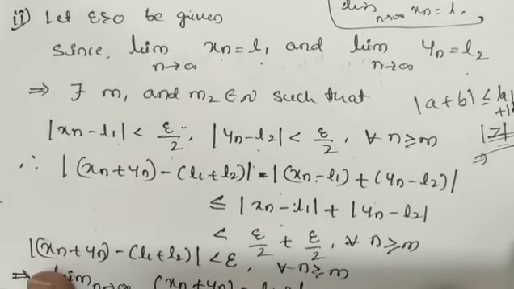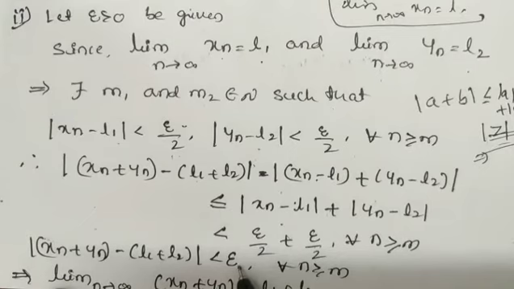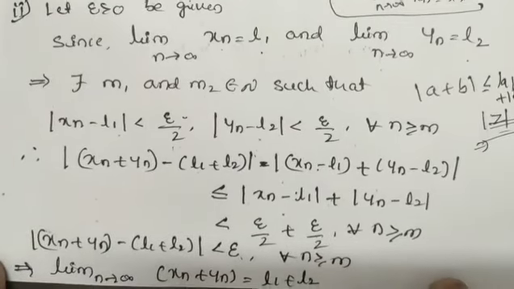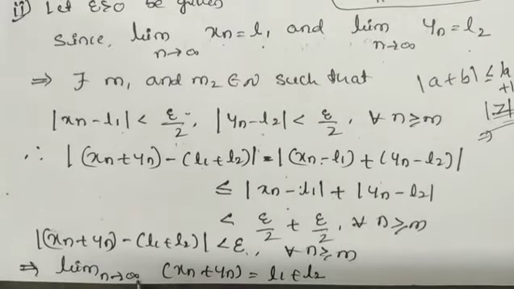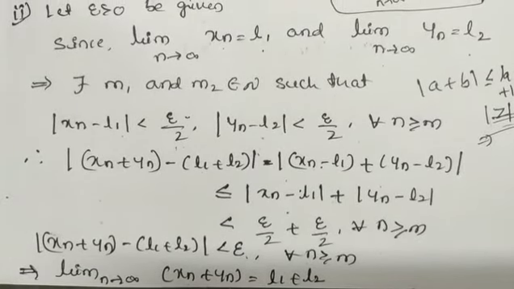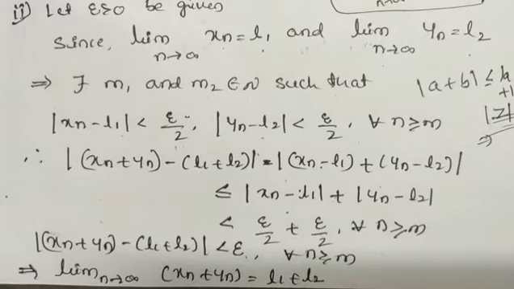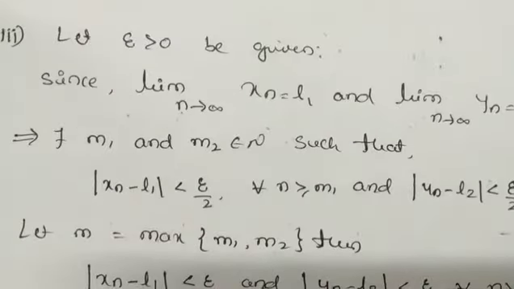So epsilon by 2 plus epsilon by 2 is equal to epsilon. Mod of xn plus yn minus L1 plus L2 is less than epsilon for all n greater than or equal to m. This means limit as n tends to infinity of xn plus yn is equal to L1 plus L2, again from the definition of a limit.